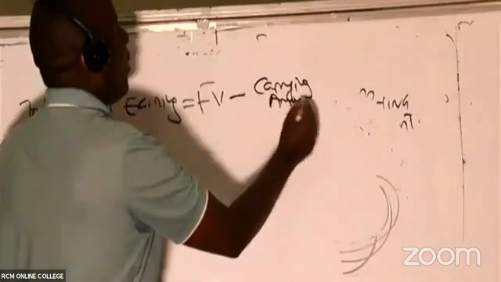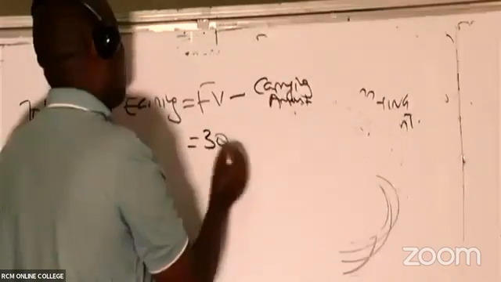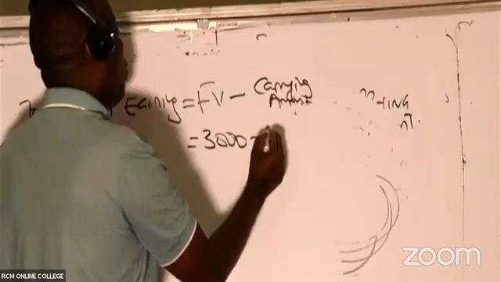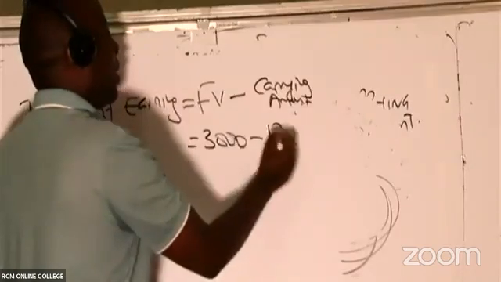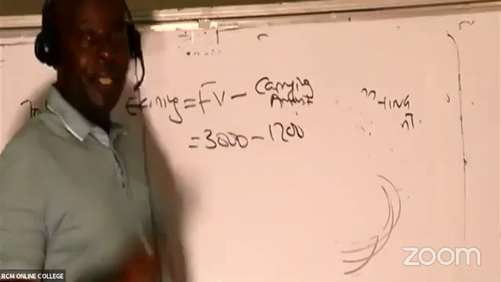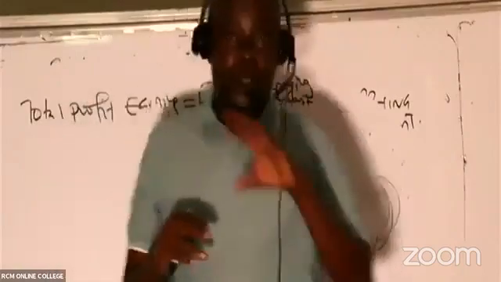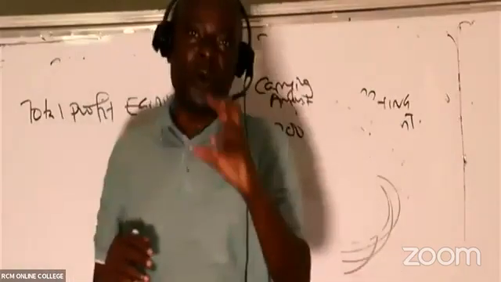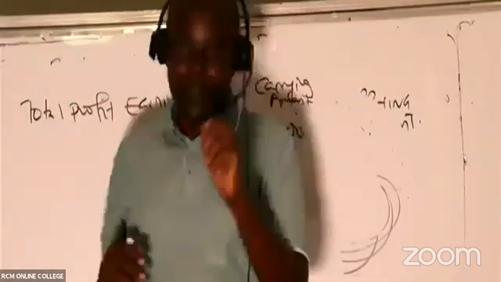We have sold this asset for 3,000, but in our books it is carried at 1,200. Remember, the carrying amount is 1,200, but we have sold it for 3,000. So that gives me this total profit.